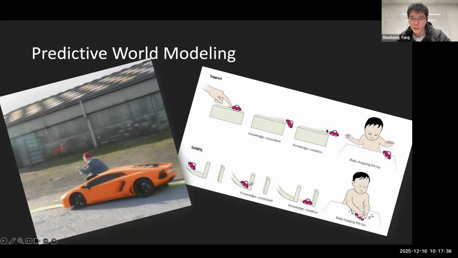It shouldn't just go straight. And if there is an obstacle ahead, the car should just stop. However, if the car just passes through the object, then there is some surprise.